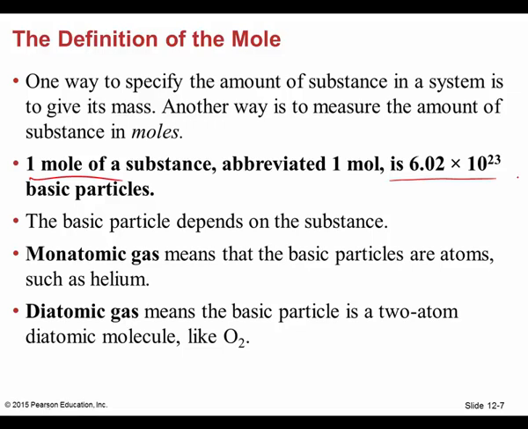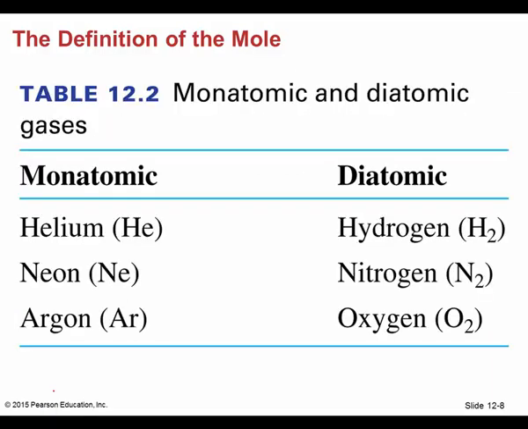And folks, it is true and it works because we are able to go in the laboratory and produce compounds with very high accuracy, high precision based on this concept. Now, of course, monatomic gases such as helium, and again, it does depend on the substance, would be 6.02, but if you're looking at a diatomic gas, then it would be twice that for 1 mole. So if you got a mole of a diatomic gas, it'd actually be twice Avogadro's number, okay?